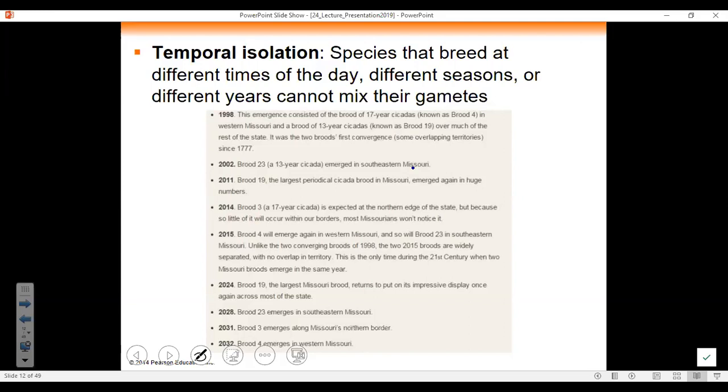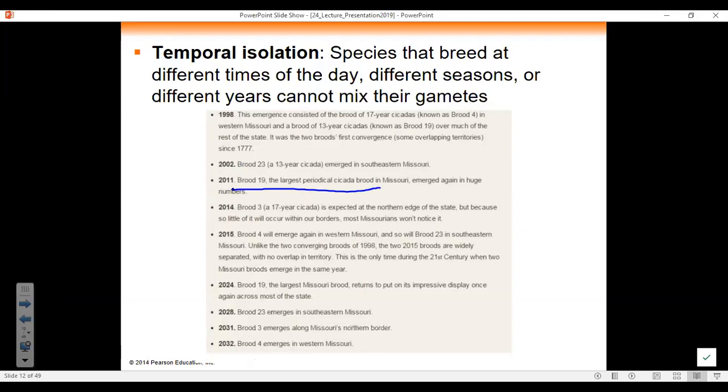Do you guys remember 2011? The largest periodical cicada brood in Missouri came out, brood 19. Huge numbers. I remember being in the backyard with my daughters, and I couldn't even hear them from across the yard because there were so many cicadas out there.